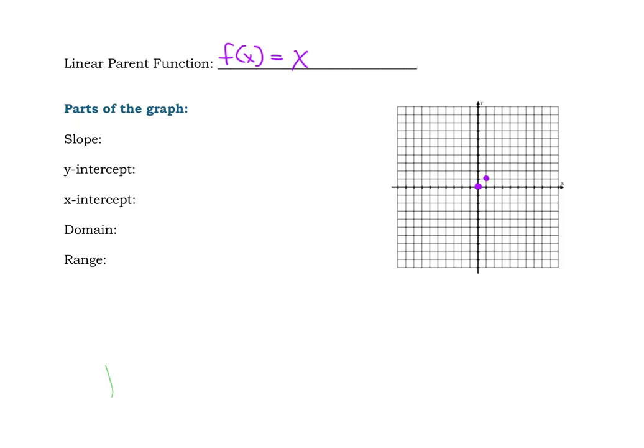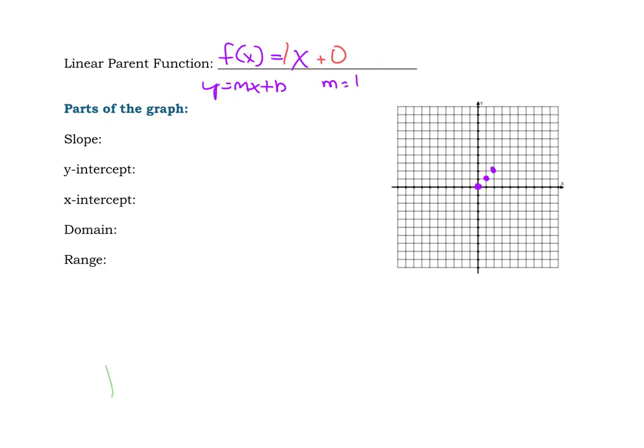In this one, if you go back and remember your Algebra 1 days of y equals mx plus b, the m here is 1 because there's an understood 1 in front of the x. And then there is nothing added or subtracted, so we know that our b value is 0. So we're going to go back to something you already know.